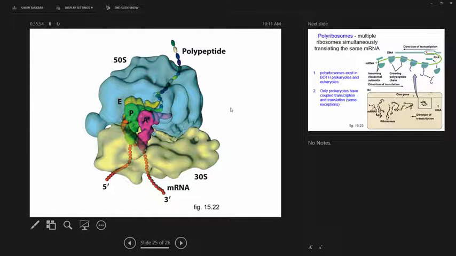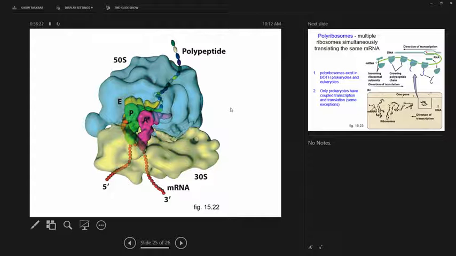And then by doing crystal structures, which is similar to the structure of DNA that was done, only instead of X-rays, now they use a beam of electrons, and the scattering of that beam of electrons will allow scientists to figure out the 3D structure. It was pretty cool to figure out exactly how the ribosome looks and works.